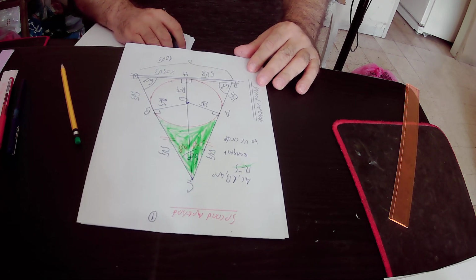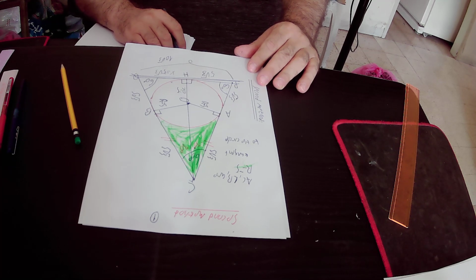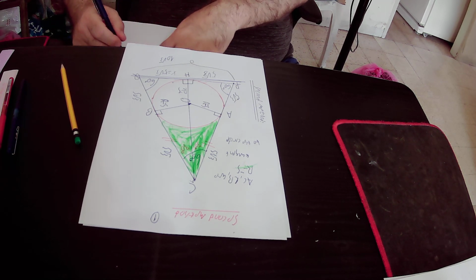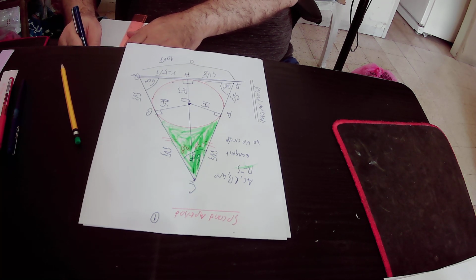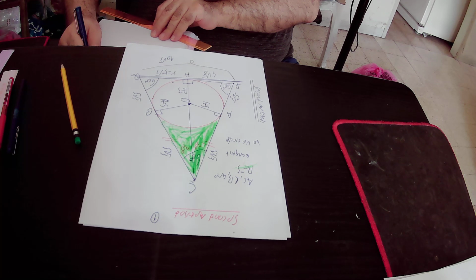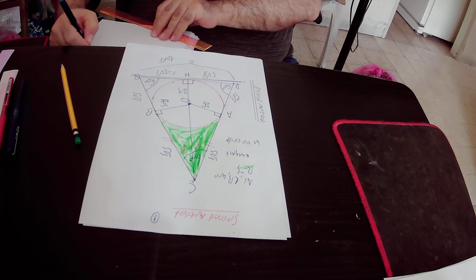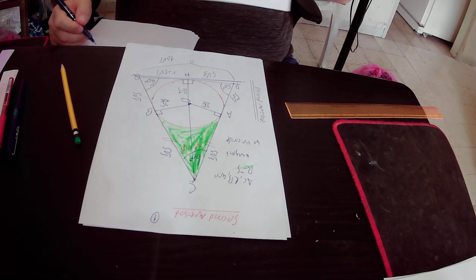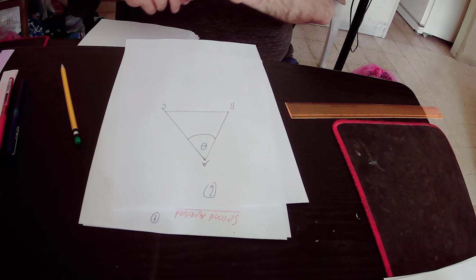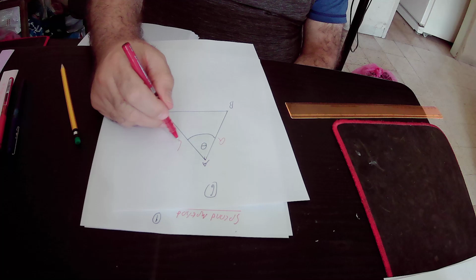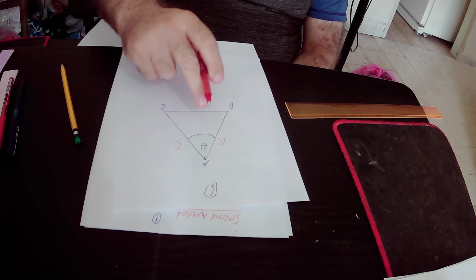And we know if we have triangle ABC, the size of AB is a, the size of AC is b, and the angle between AB and AC is theta.